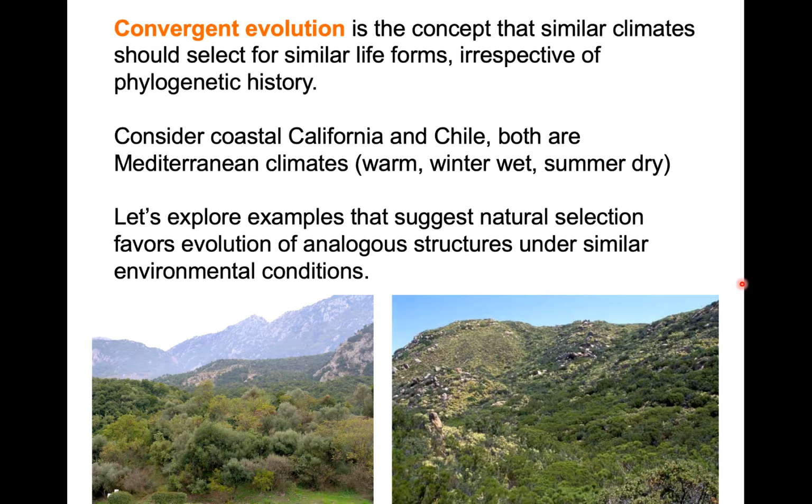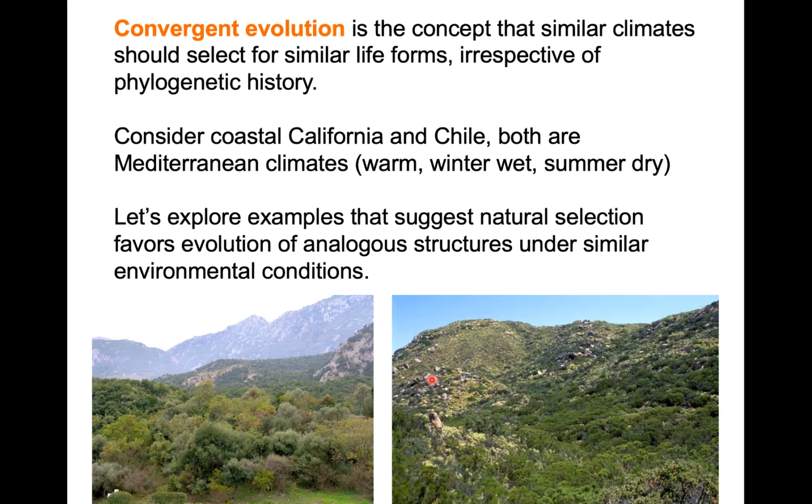So even though you may not find the same types of plants taxonomically or phylogenetically in California and Italy, the plants that are there are going to have similar traits because of convergent evolution, because the conditions in each of those places are selecting for similar traits, even if they are in different organisms.